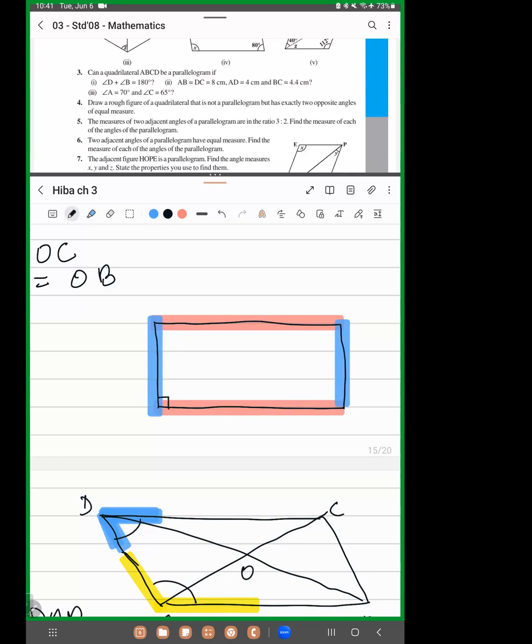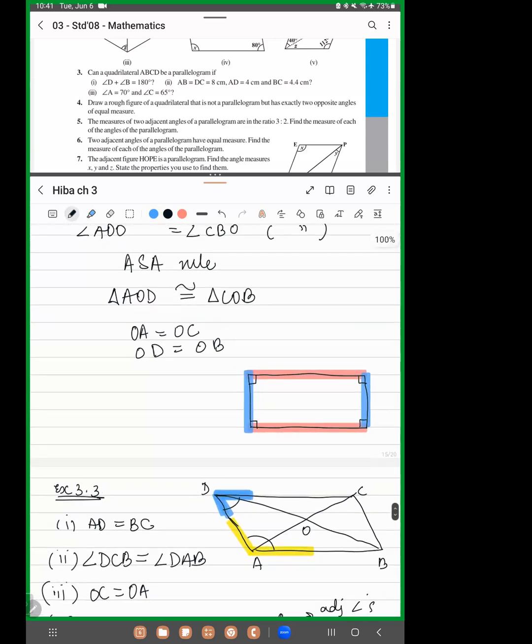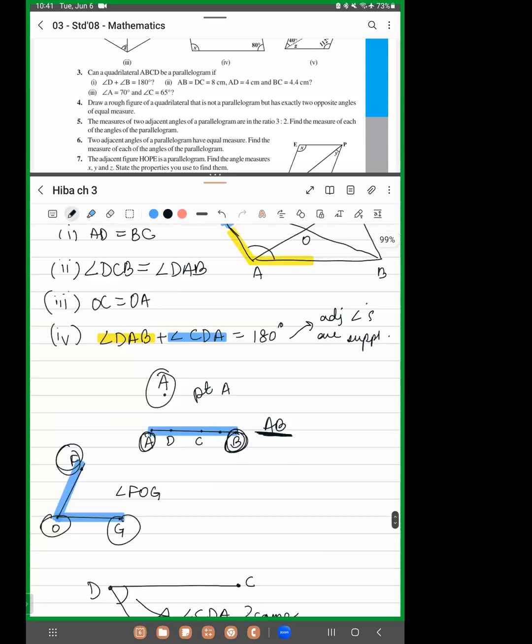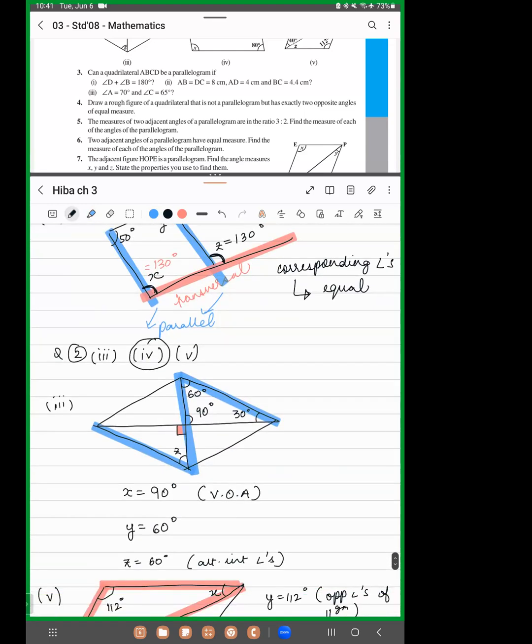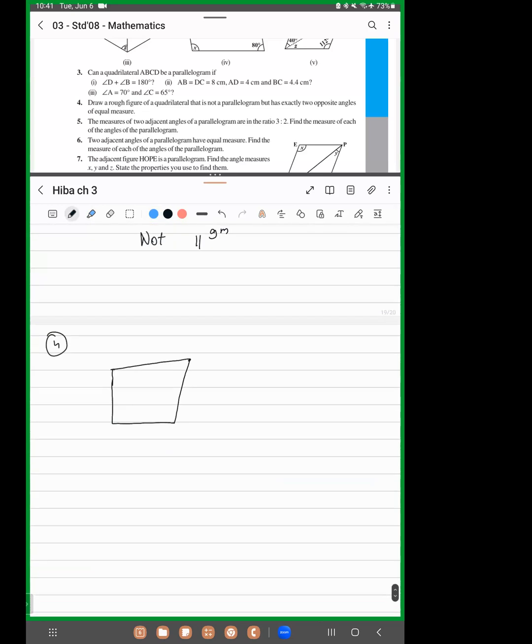Opposite angles equal. So it has all the properties of a parallelogram. ठीक है? Clear हो गई बात आपको? Is a rhombus a parallelogram or not? It is.